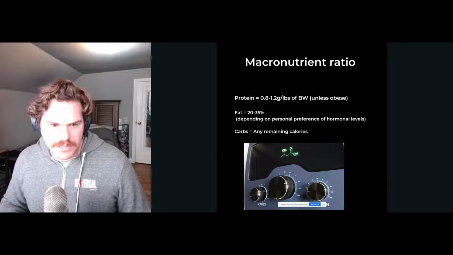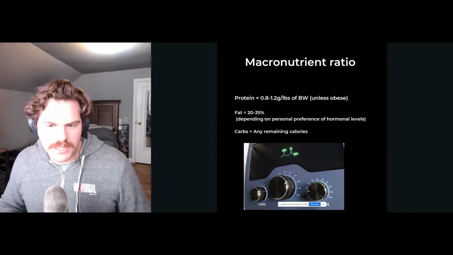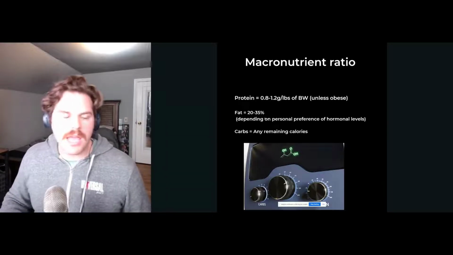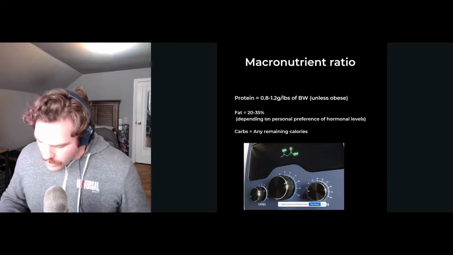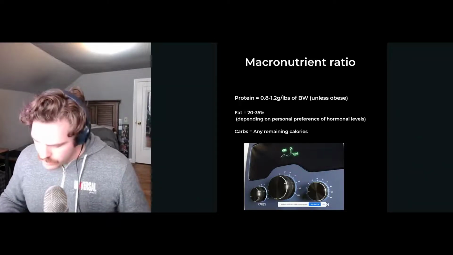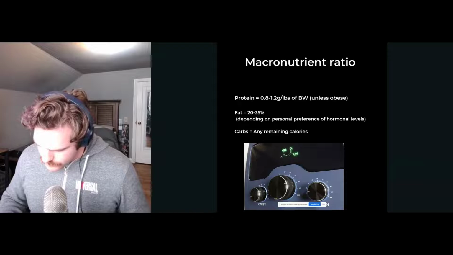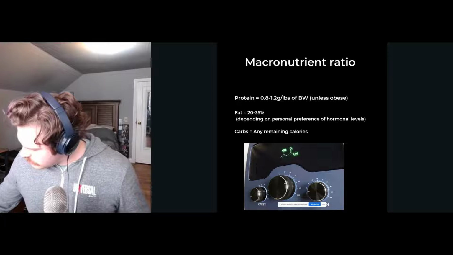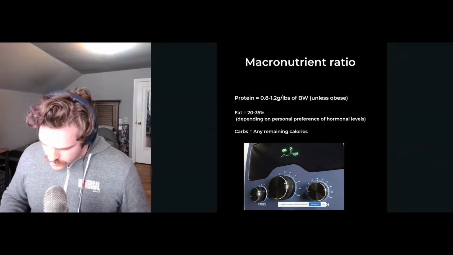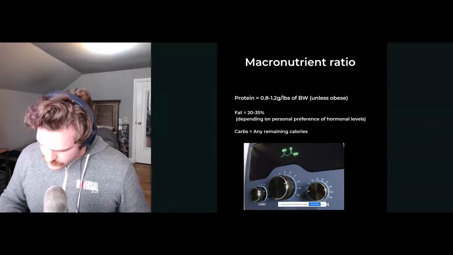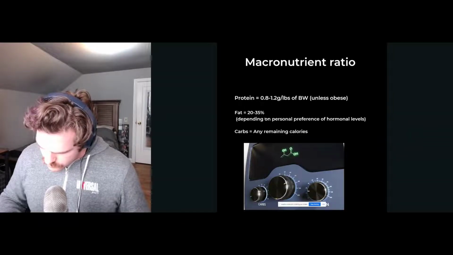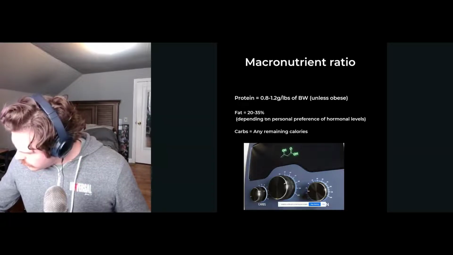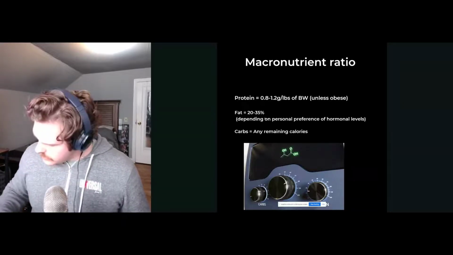The remaining calories. So let's say I determine my protein. If I'm eating 1,900 calories, let's just say I weigh 180 pounds. Okay, so I'm having 180 grams of protein, which is 720 calories. For fat, I was having 380.